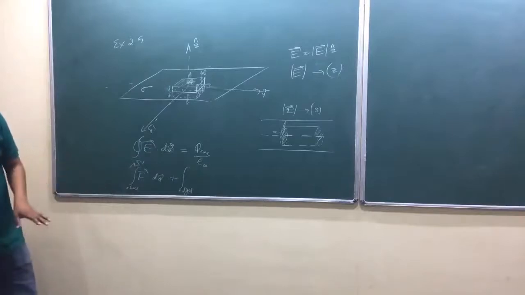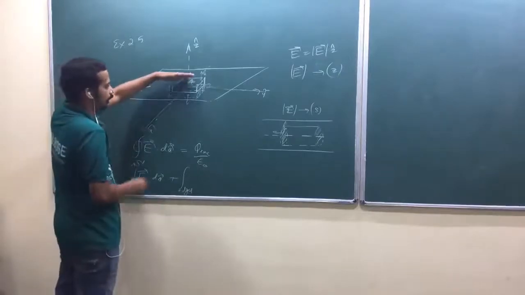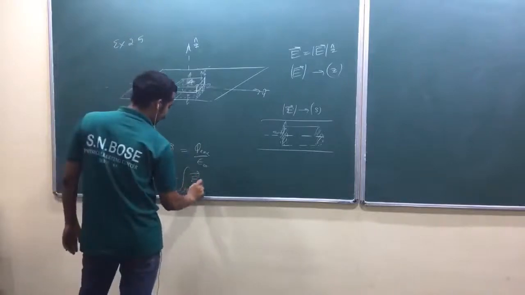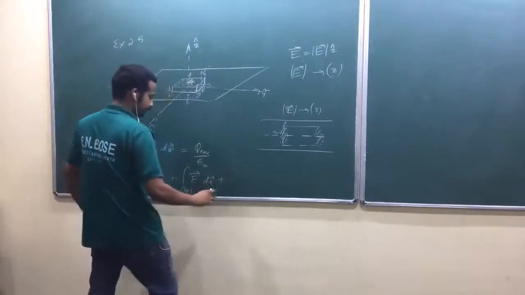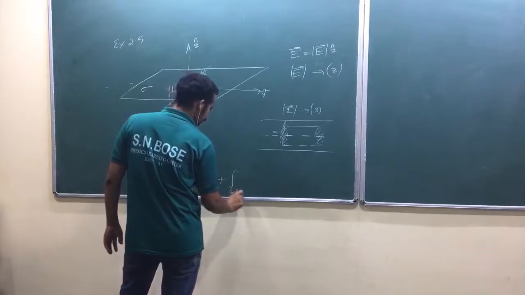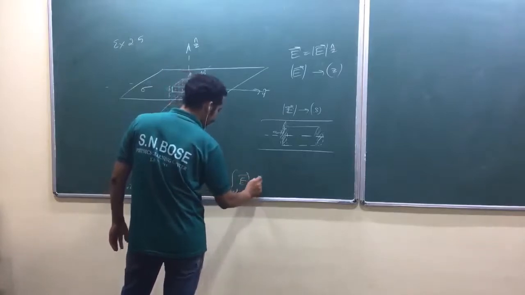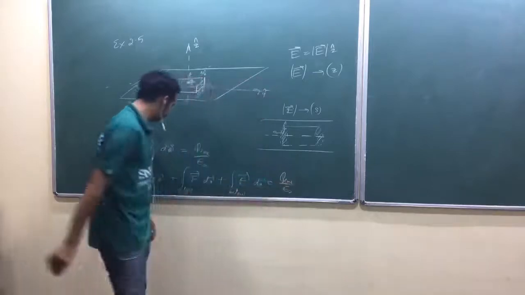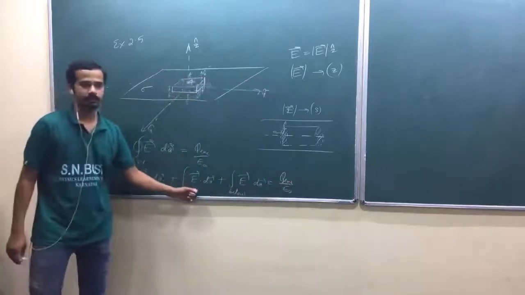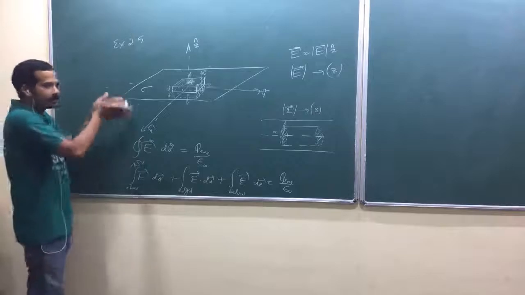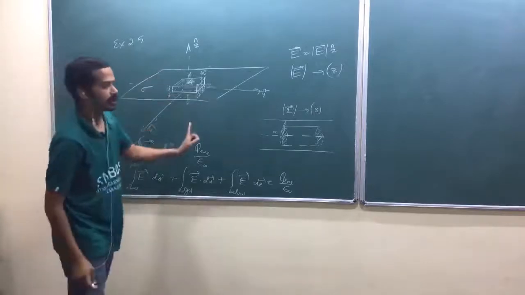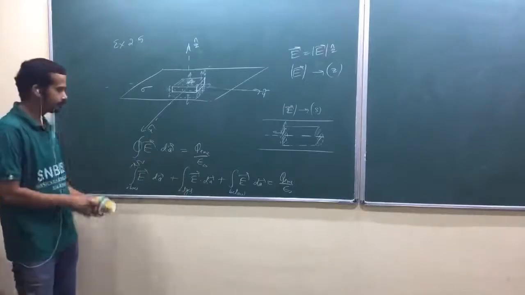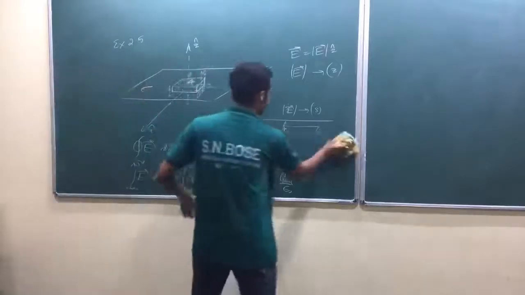I am going to divide this closed surface into the above one, the below one, and the edges. Plus the integral of E dot dA over the below plane, equal to Q enclosed by epsilon naught. Obviously the edge term is 0, isn't it? Because on the edge surfaces your area vector and electric field are perpendicular, so that surface integral is 0.